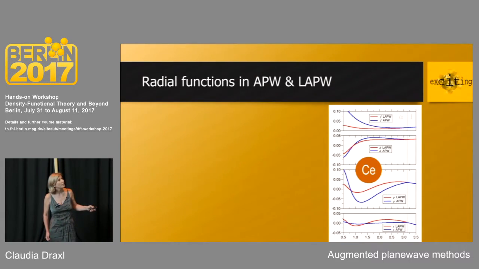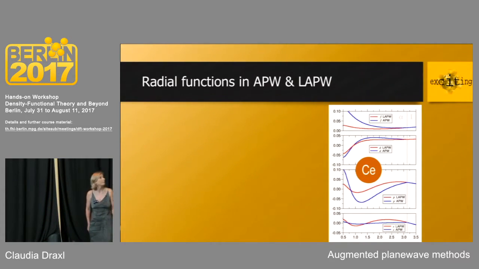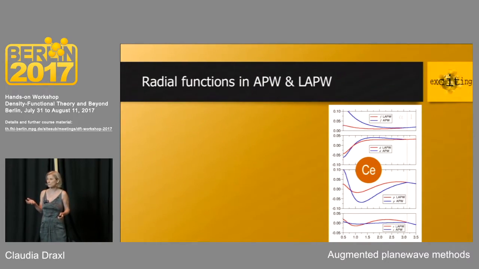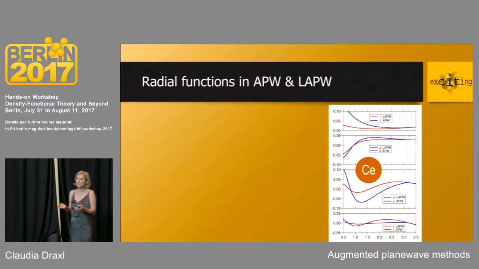But you see how much difference is between these respective curves here. So the atomic orbitals, obviously, they like to be more like in the APW solution. This is closer to the atomic solution. Whereas if you apply the LAPW, the linearization, you somehow distort these orbitals, and these orbitals don't correspond anymore to the real physical problem.